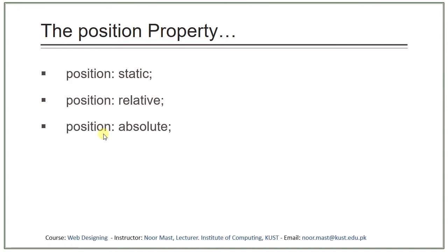Absolute position. An element with position absolute is taken out of the normal flow and no longer affects the position of other elements on the page. The box offset properties specify where the element should appear in relation to its containing element. Fixed position.